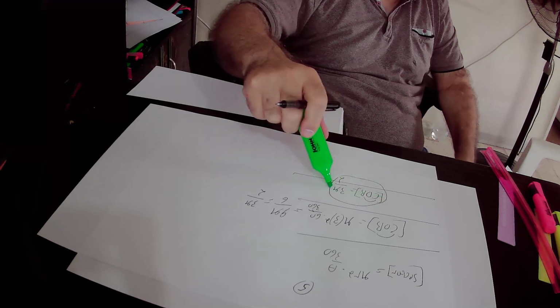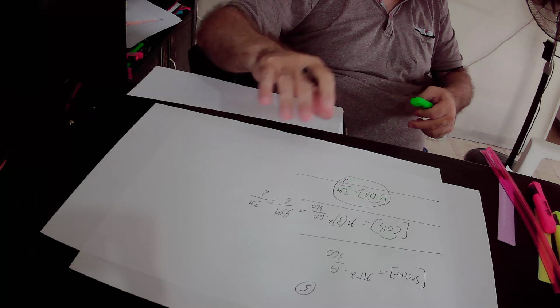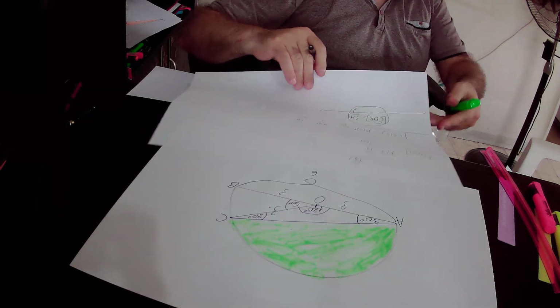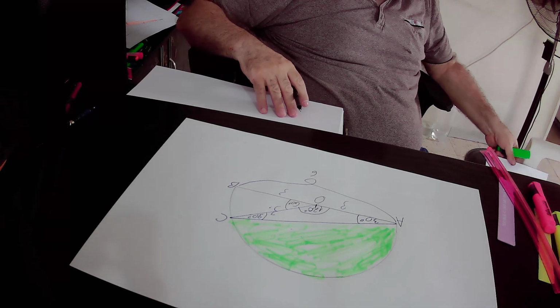So I'll repeat again the formula for the area of the green shape according to the second method.